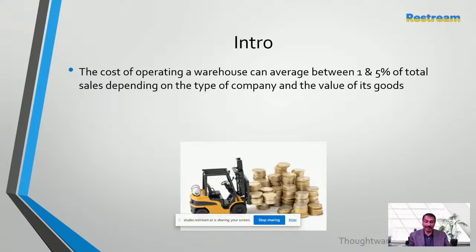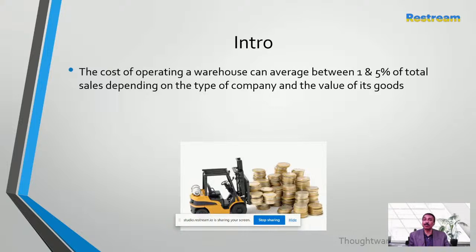So here you can see a big difference. 1 to 5% is a big variation, and the most effective should be at the lower end. And here we are comparing with the total of sales. Generally I have seen anything below 3% is a very effective warehouse operation.